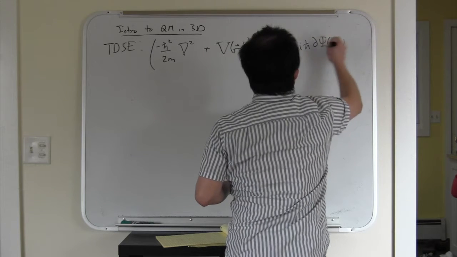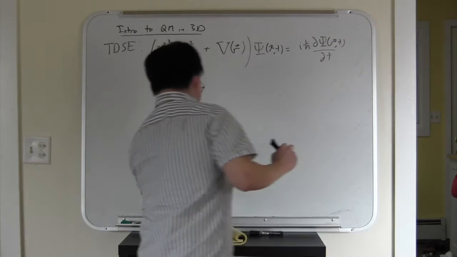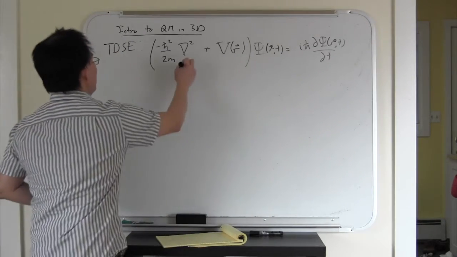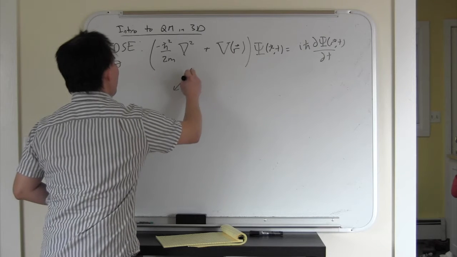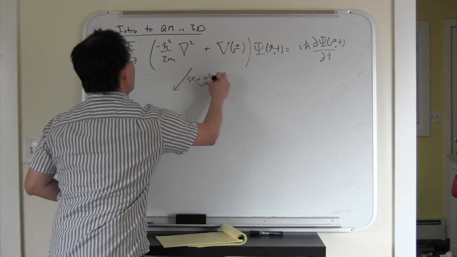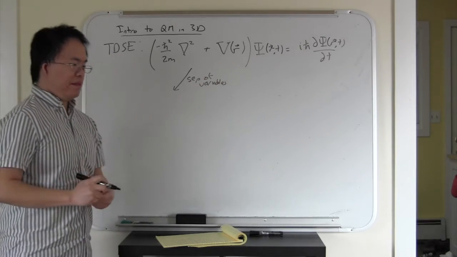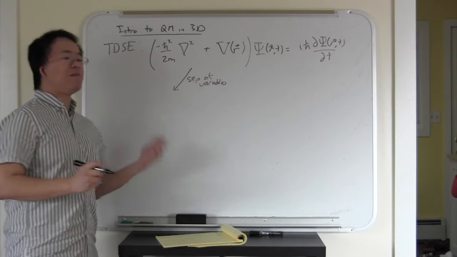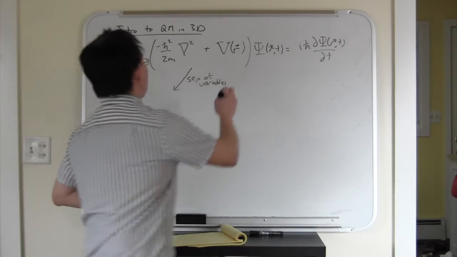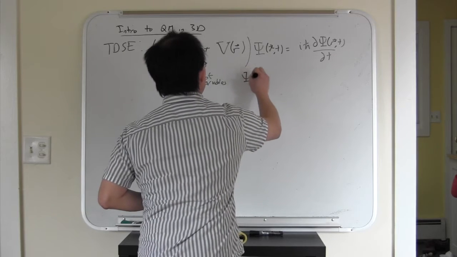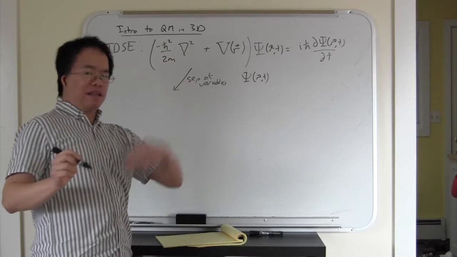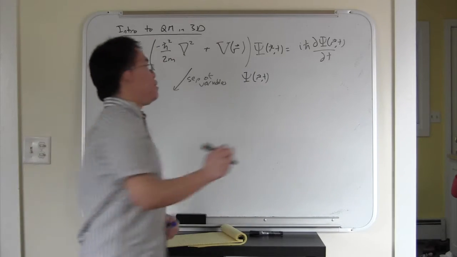Now it turns out we can apply separation of variables in the same way as we did in 1D. Namely, separation of variables leads us to write the full wave function Psi of r, t as a product of something that depends on position and something that depends on time.